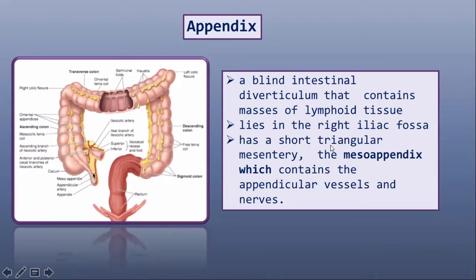As you can see, it has a small mesentery called the mesoappendix. Take note that the cecum is entirely covered by peritoneum, but it has no mesentery. In contrast, the appendix has a small mesoappendix containing the appendicular vessels and nerves.